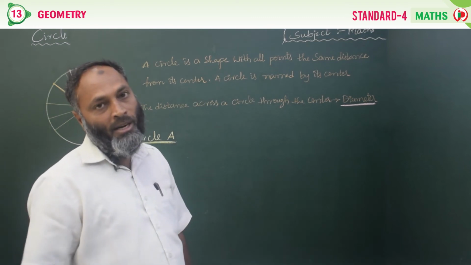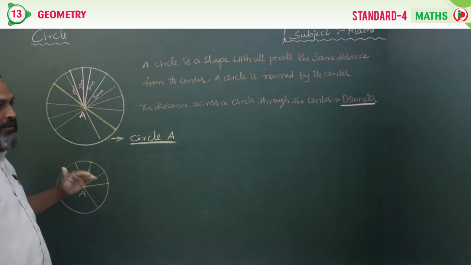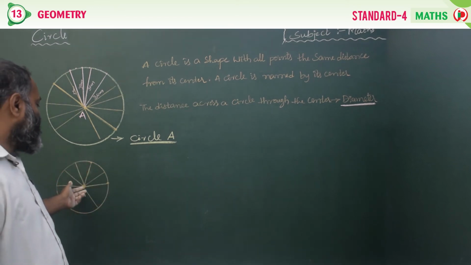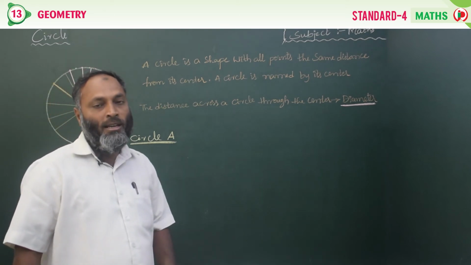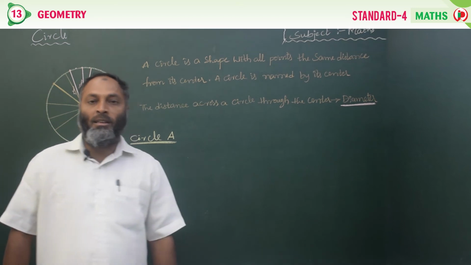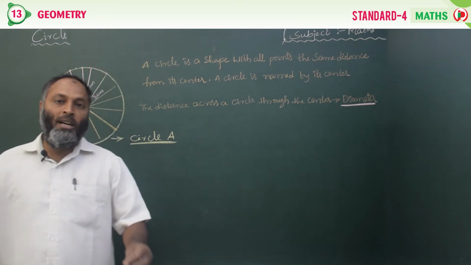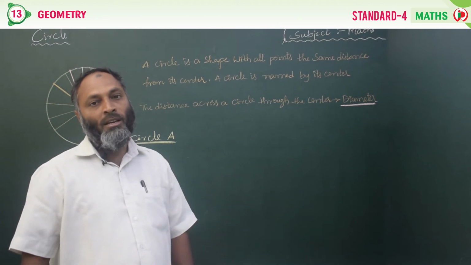Then we form a diameter. What is the radius? Radius is a distance from the center of a circle to a point on the circle. How many radii can we draw in a circle? We can draw infinite radii in a circle. And how many diameters can we draw in a circle? Infinite diameters we can draw in a circle.